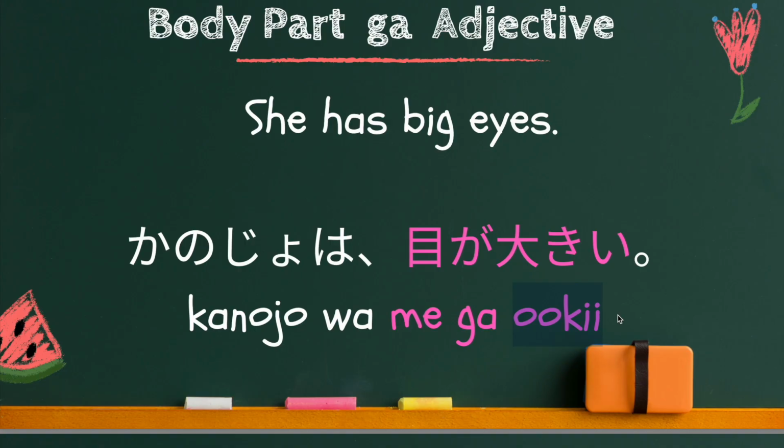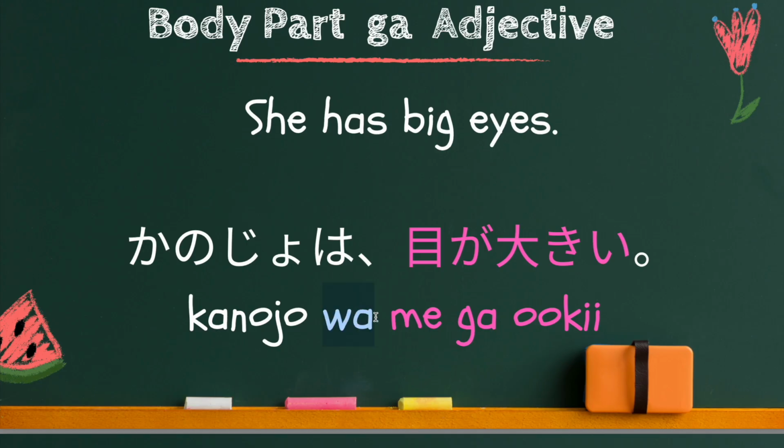So, when you talk about someone's characteristic, focusing on just one specific body part of the person, we use this grammar format. And if the listener knows who you are talking about, you can omit the very first part and you can just say 目が大きい. That works too.